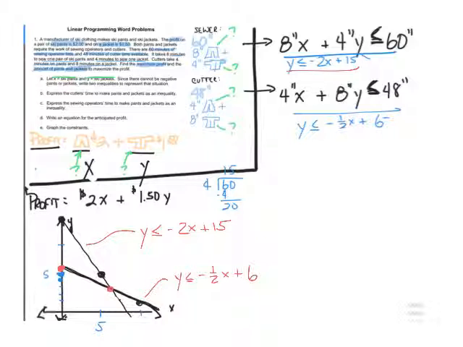Okay, so my feasible region for each one of these equations is going to be wherever y is indeed less than. And an old trick is just to pick a point that is very obviously in the region and see if the equation works. Well, right here I can see that (1, 1) is very obviously on that side of the line for both of these equations.